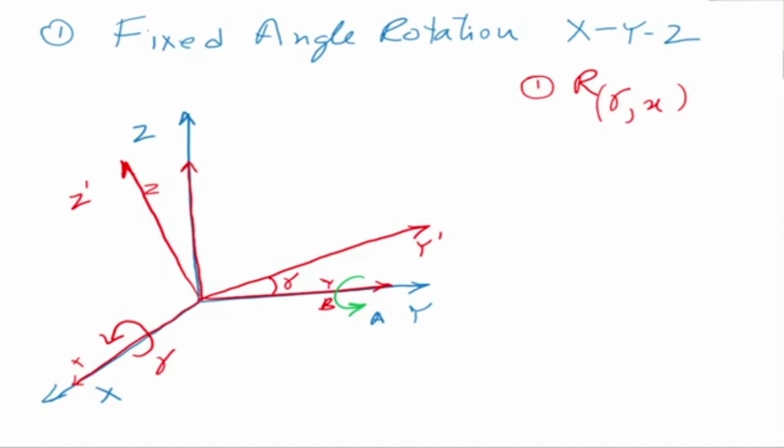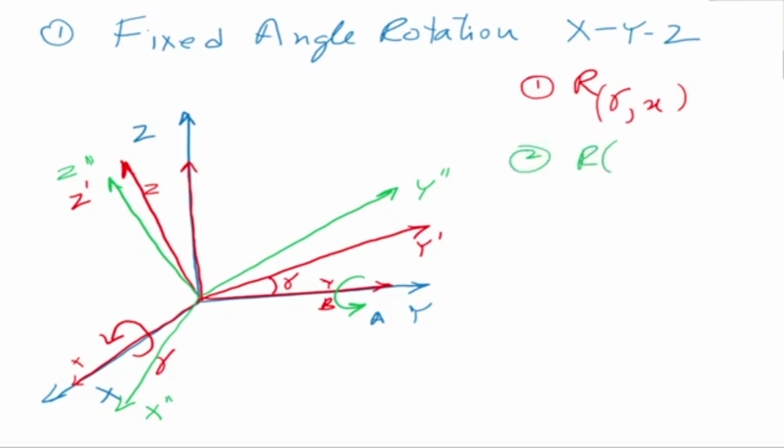If you can imagine, y dash will go here, y double dashed, z double dashed, and x double dashed, just come there. So my second rotation was a rotation of angle beta about y. This is my angle beta. I have rotated frame B by an angle beta about the y-axis. It has changed direction.